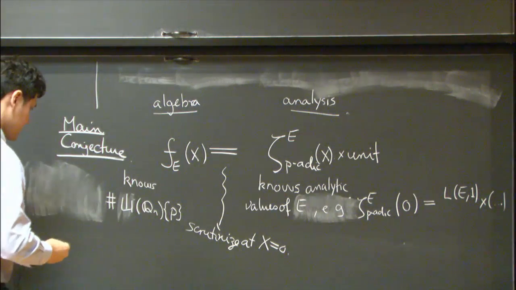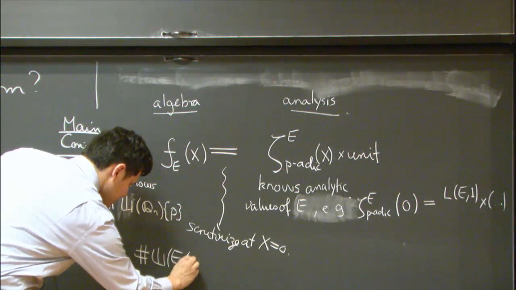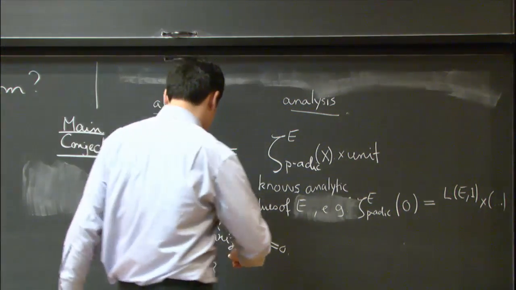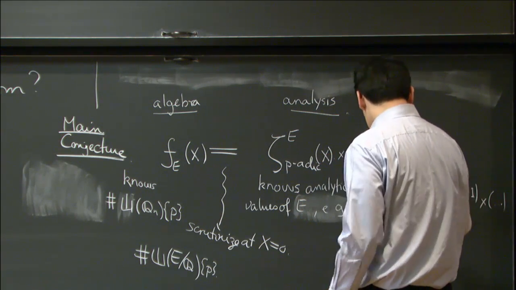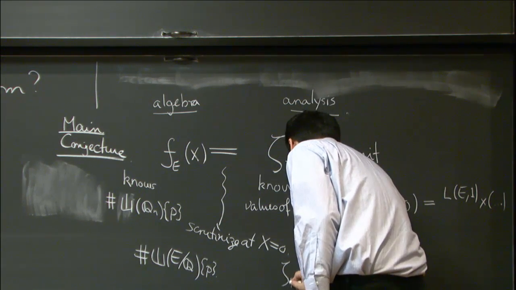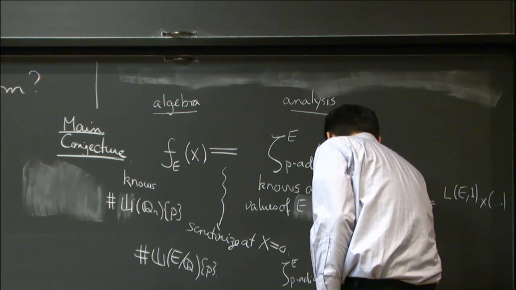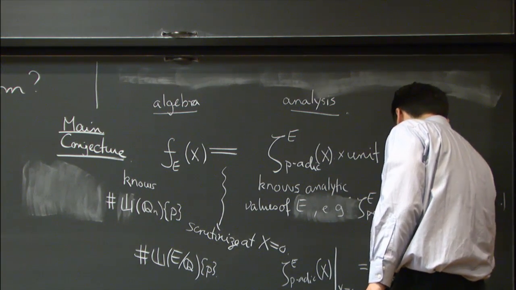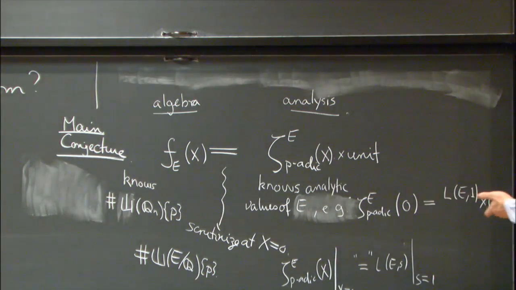In the algebra part, you get back the size of the Tate-Shafarevich group over Q. And on the analysis part, as suggested by this equation, you look at what happens when x is equal to 0, you get back what happens to the L function, the complex analytic L function, when s is equal to 1.